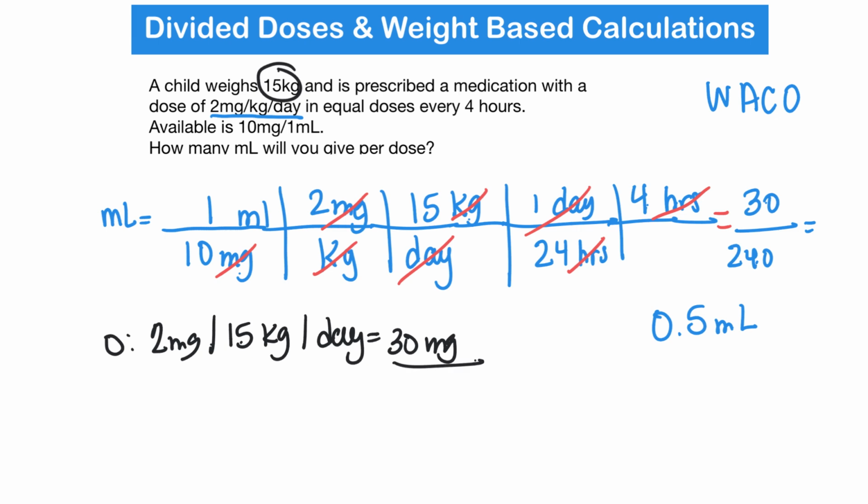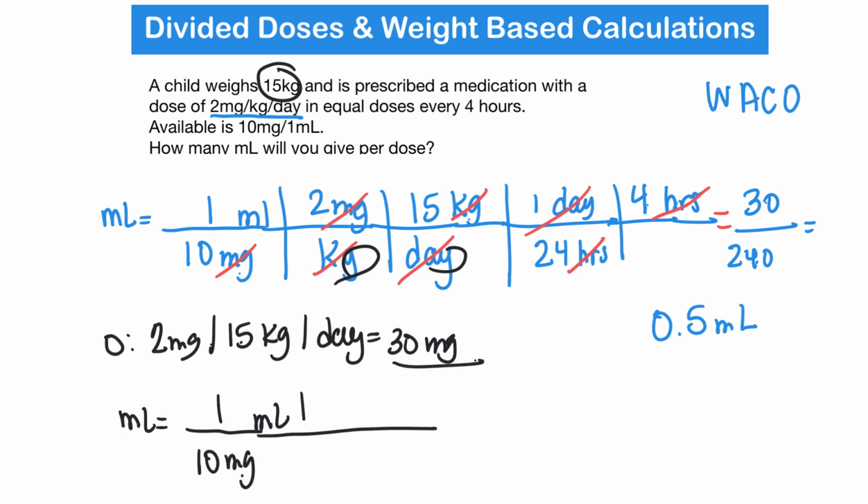Now I'm going to start doing my dimensional analysis problem. Okay, now I don't have to put all this stuff in here. All right, so I'm going to start with what I want. I want mLs. 1 ml is 10 milligrams. And then I have an order. What's available? What's my order? My order is 30 because I just did that math to make it easy.